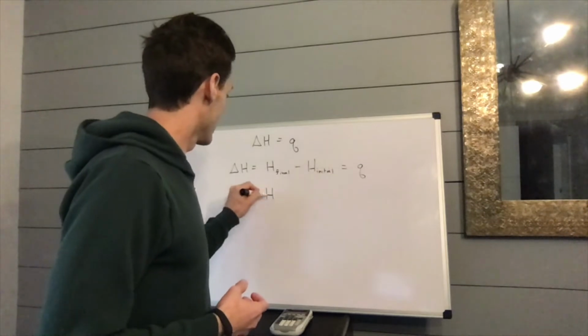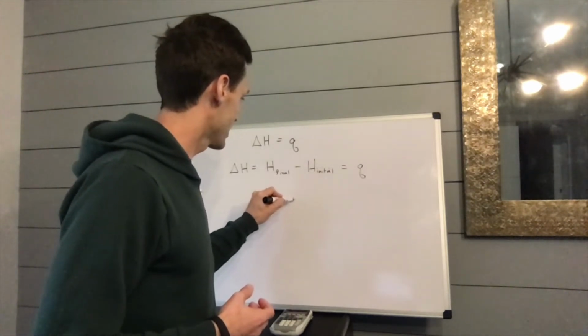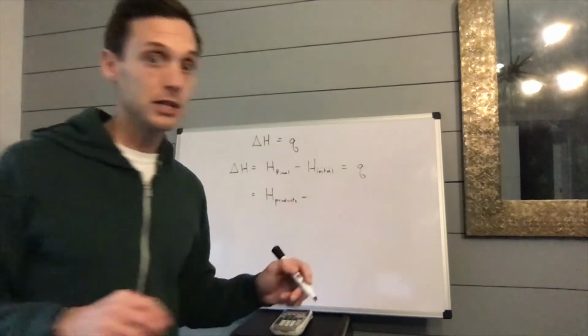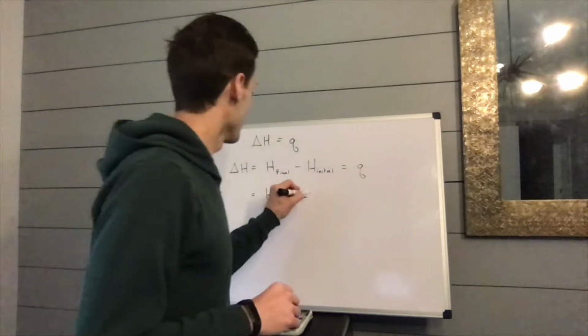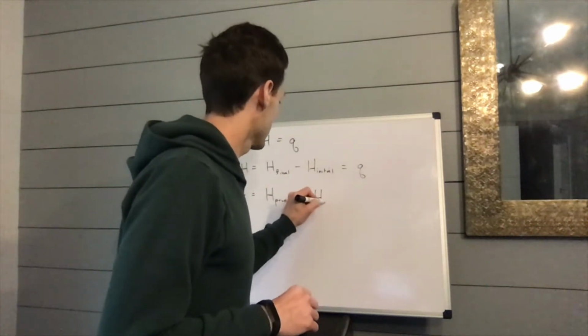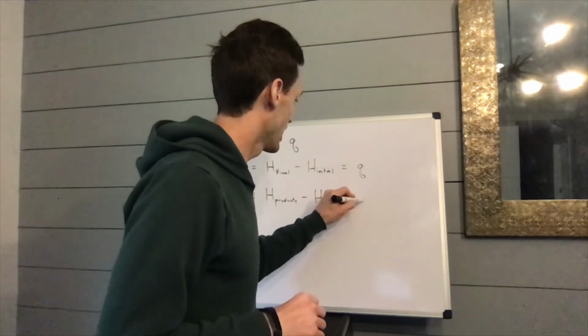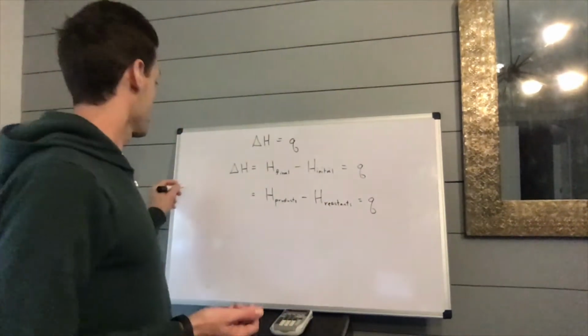We can do the enthalpy of the products instead of just generic final minus the initial part of a reaction, which is, good, reactants, minus the enthalpy of the reactants. And that will be equal to Q if we're talking about a chemical reaction, okay?